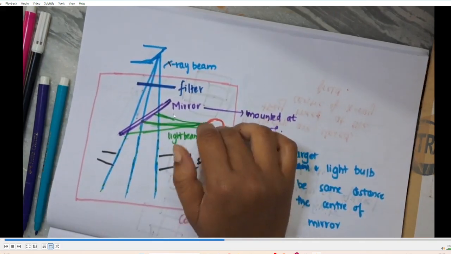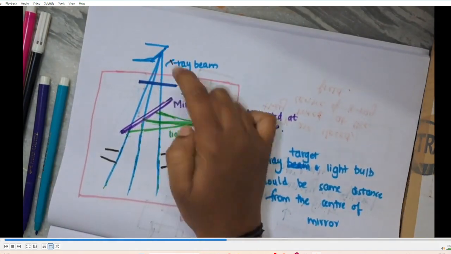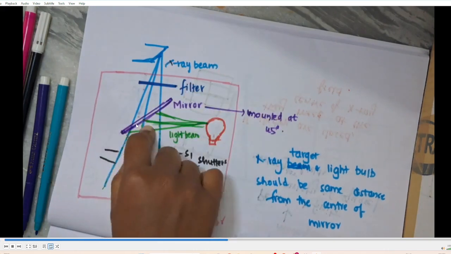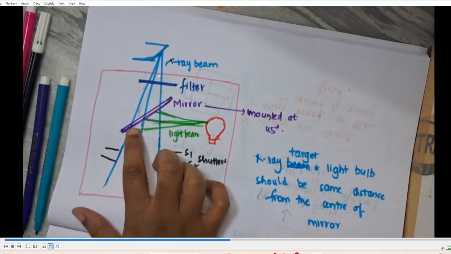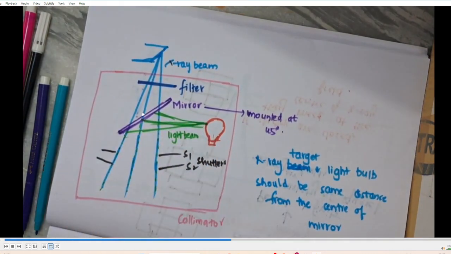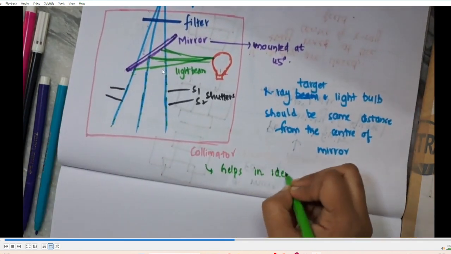The distance from the mirror in the collimator to the X-ray target is very critical. The collimator must be mounted so that the X-ray target and the light bulb are exactly the same distance from the mirror.